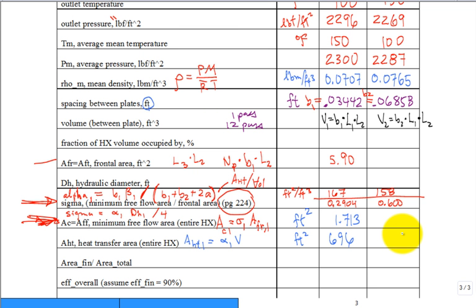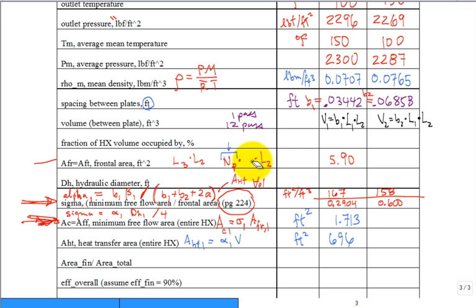For the frontal area, I understand if you do L3 times L2, you get 5.9. Why if you do 12 times the spacing, B1, times the length, you get nowhere near that? Oh, this is not the frontal.